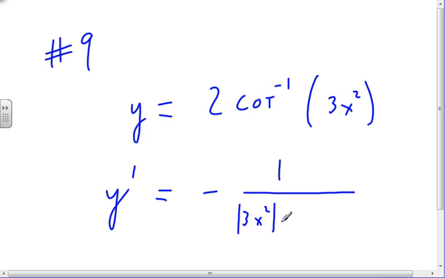Now, the absolute value signs in that case would be optional. Well, x could be an imaginary number, right? So I guess you're going to have to keep them there. Square root of 3x squared minus 1, times the derivative of 3x squared, which is going to be 6x.